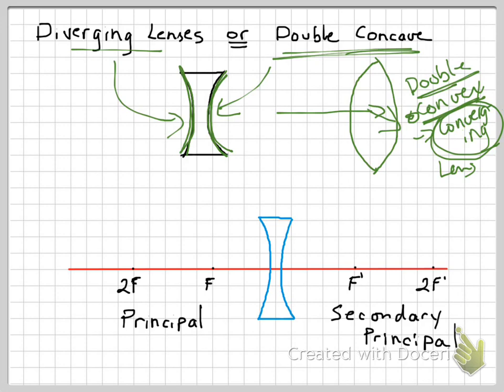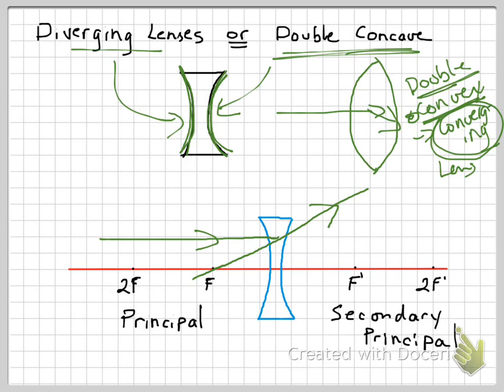But your first ray, which is going to be green here, is going to travel parallel to the x-axis, or the principal axis. When it hits the optical center, it's going to bend away. So this is your refracted ray.